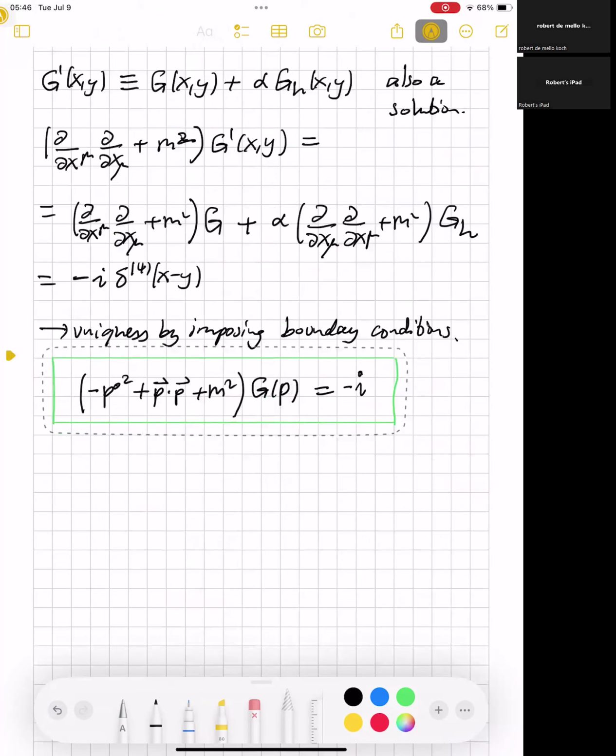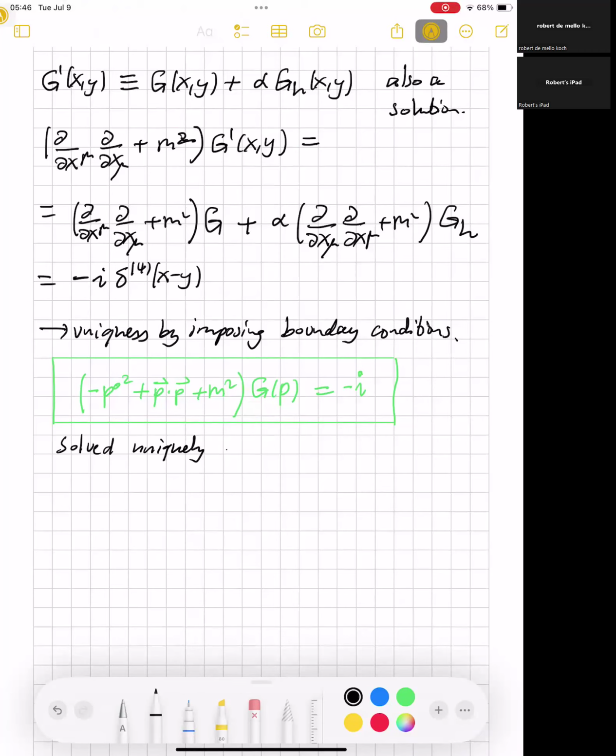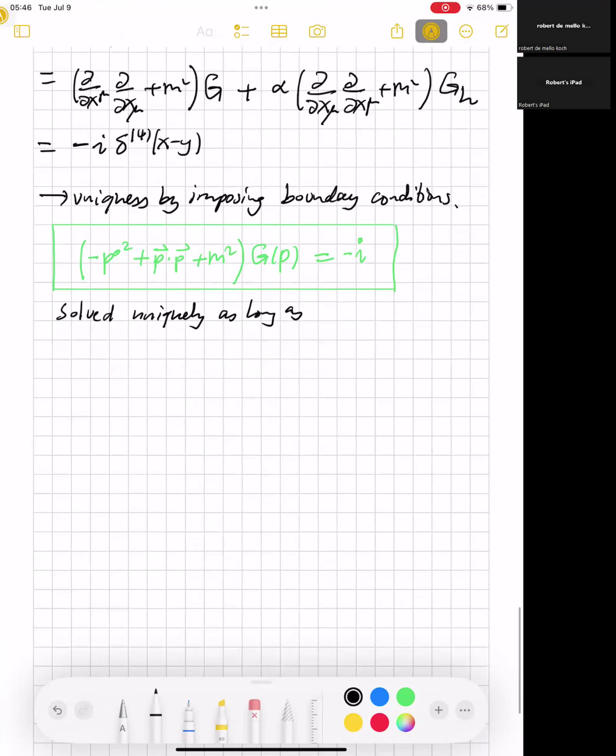So when would this be solved? This is solved uniquely as long as minus p naught squared plus p dot p plus m squared is not 0.